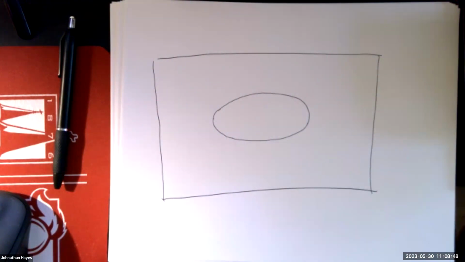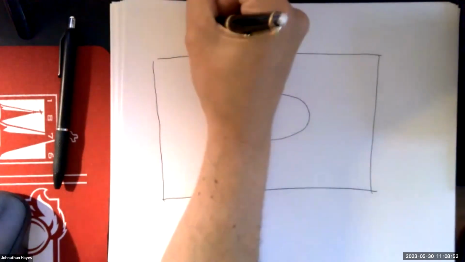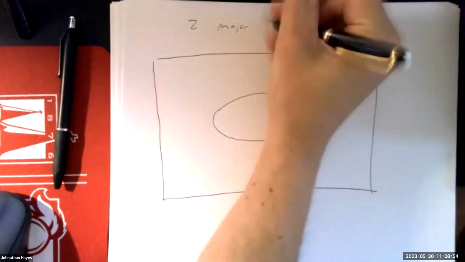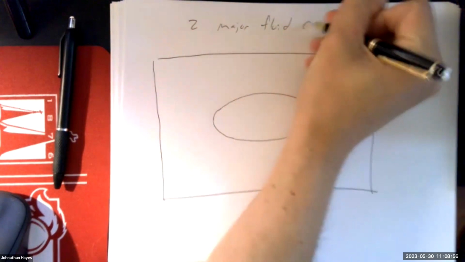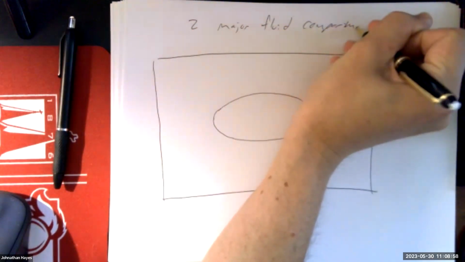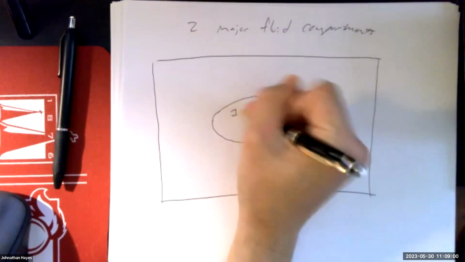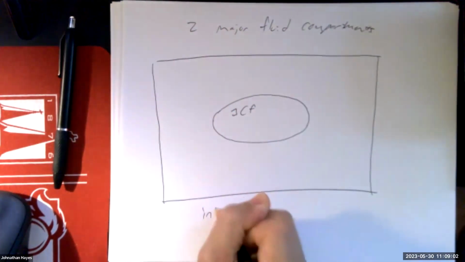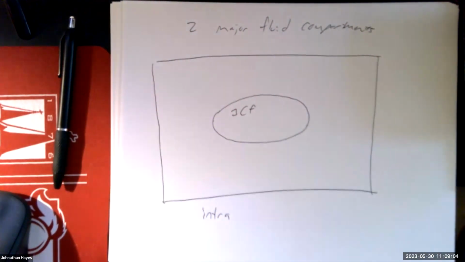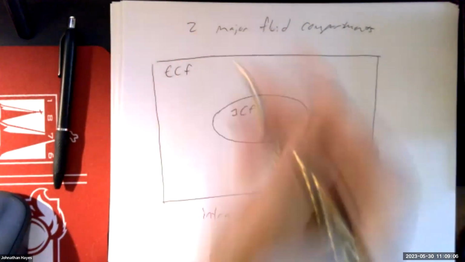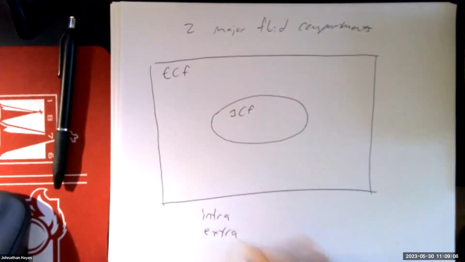That's all it's showing is separation. So the 2 major fluid compartments we have in the body are the ICF, which is the intracellular fluid compartment, right? And the ECF, which stands for the extracellular fluid compartment.